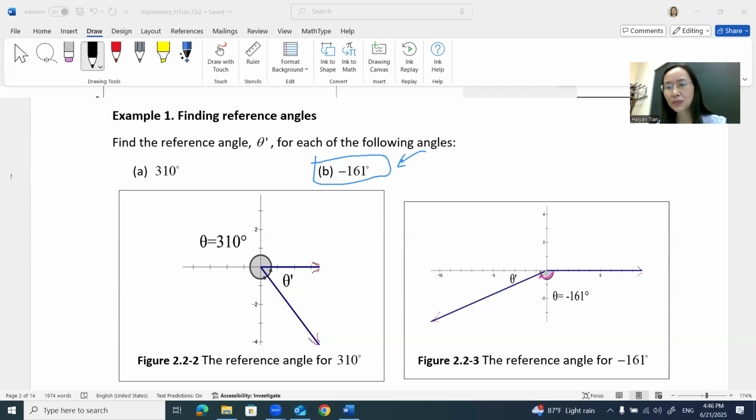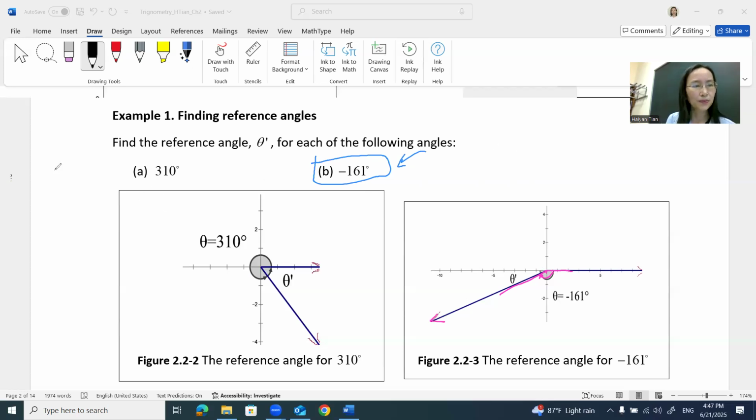So we go up to this. And then it's in standard position and the terminal side is in the third quadrant. If you keep going, you can go to negative 180, a little further. But now we first get this angle, which is negative 161. What's the reference angle?